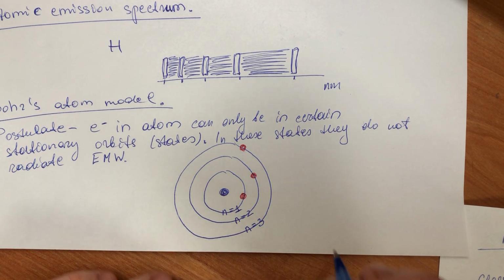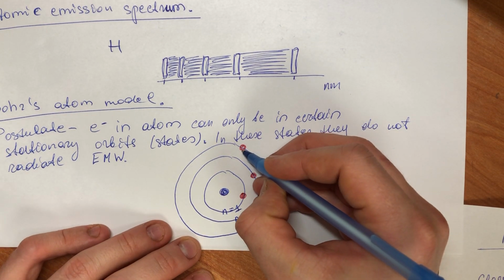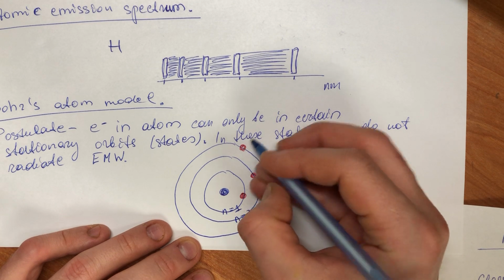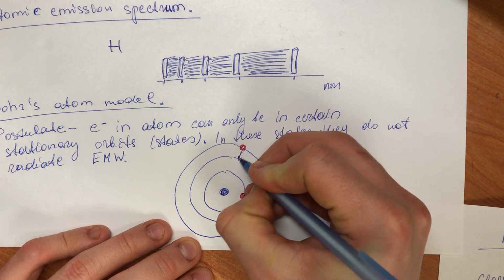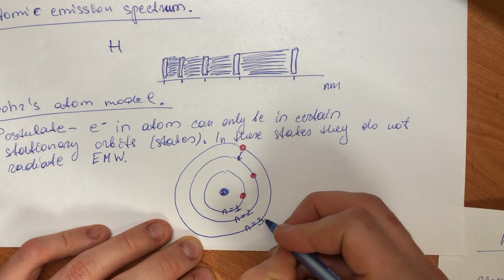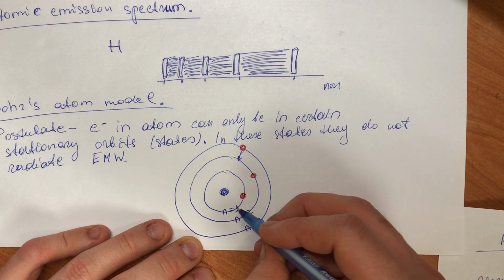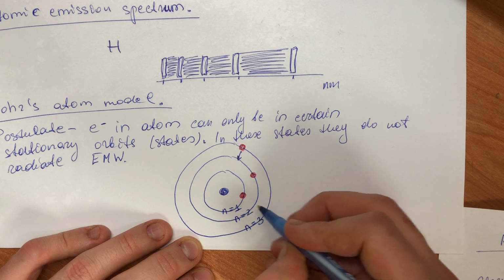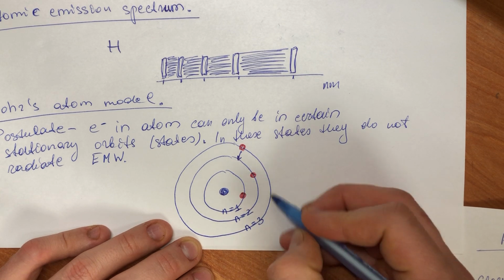But if somehow this electron makes a jump to this energy state, this is the lowest energy state 1, 2 is higher energy, and 3 is the highest energy.